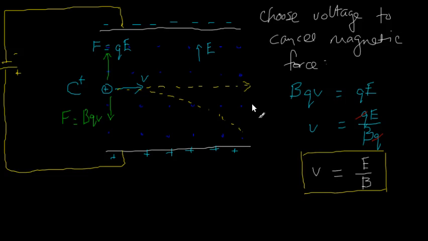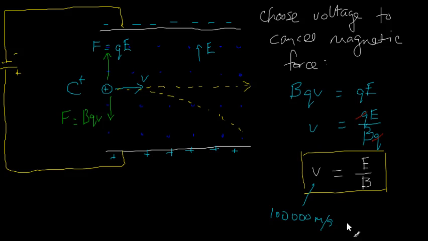Okay, so let's see how we can use this idea and this setup to choose the velocity that we want. Now, let's just think of an example. We were talking about how we would like to have a velocity of 100,000 meters per second, right?